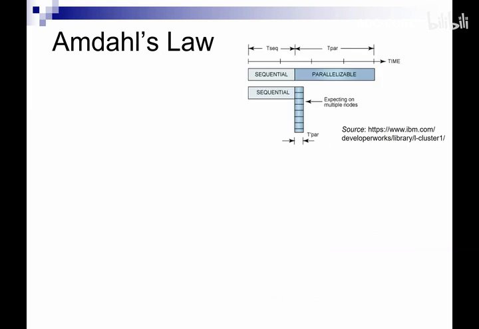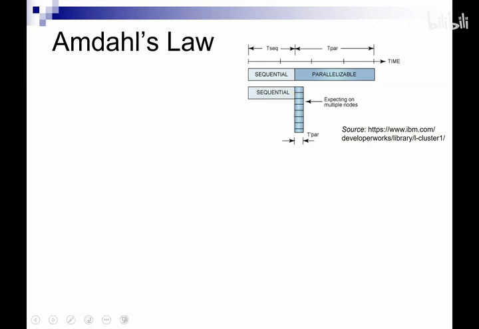Okay, so now this picture actually gives you another way to look at Amdahl's law. What it's saying is that when you run this program on one processor, you have a sequential part and a parallelizable part. When you switch to multiple processors, the sequential part takes the same amount of time as before, because it's sequential.